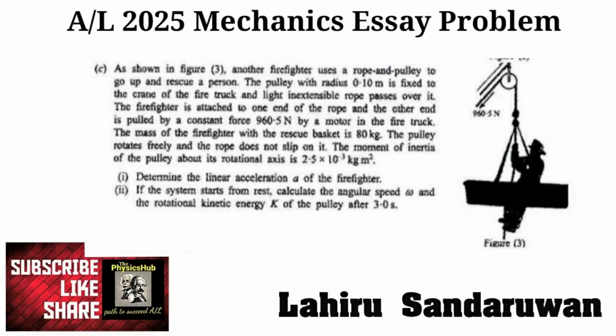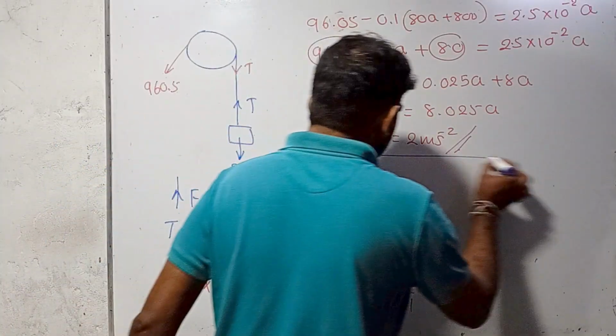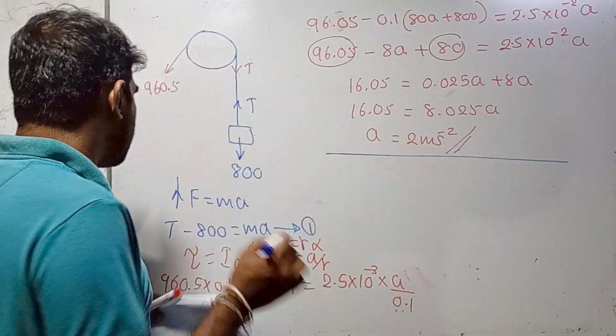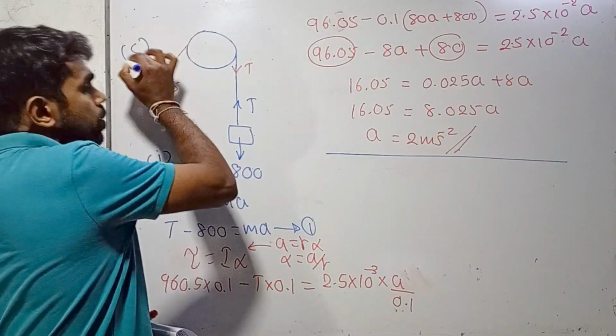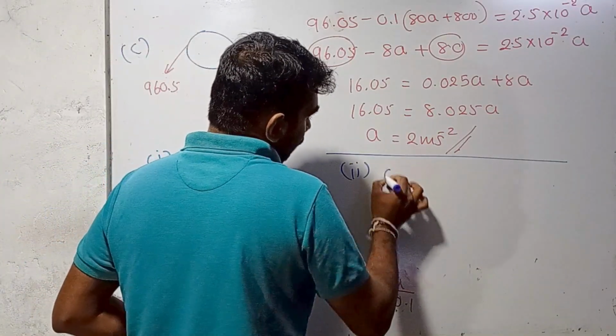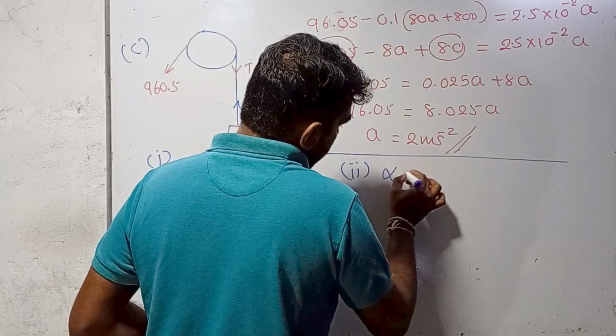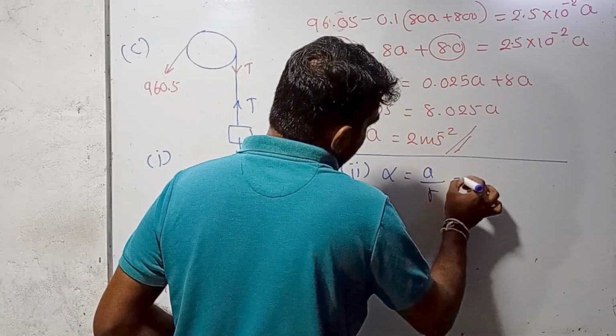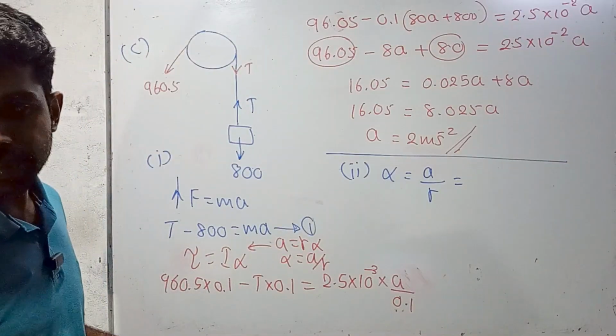Then part 2: if the system starts from rest, calculate the angular speed omega and the rotational kinetic energy K for the pulley after 3 seconds. We can get the angular acceleration. It is C part 2. Angular acceleration is linear acceleration divided by radius. a equals R alpha.